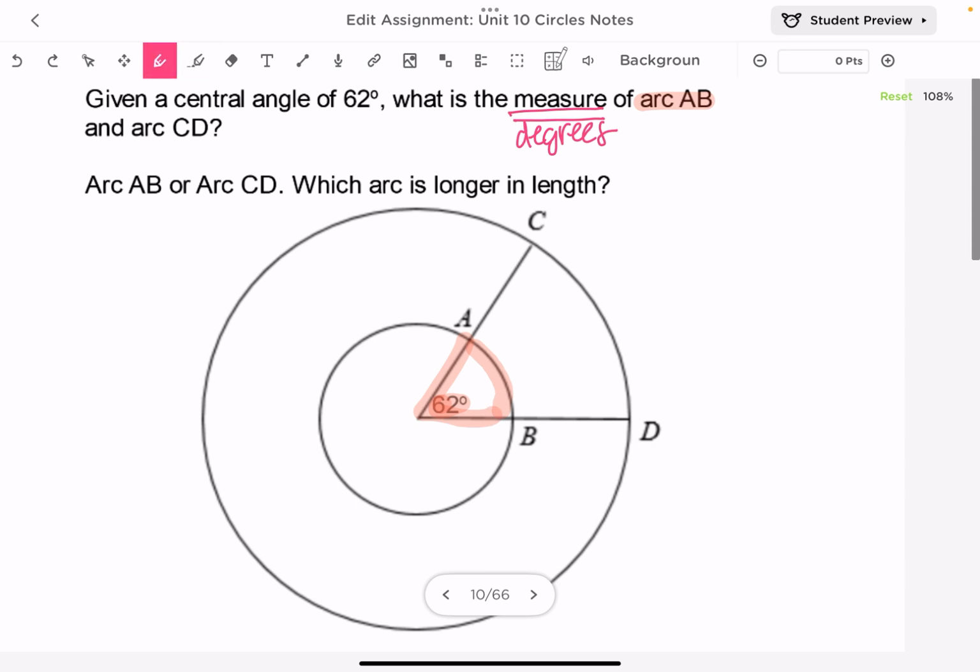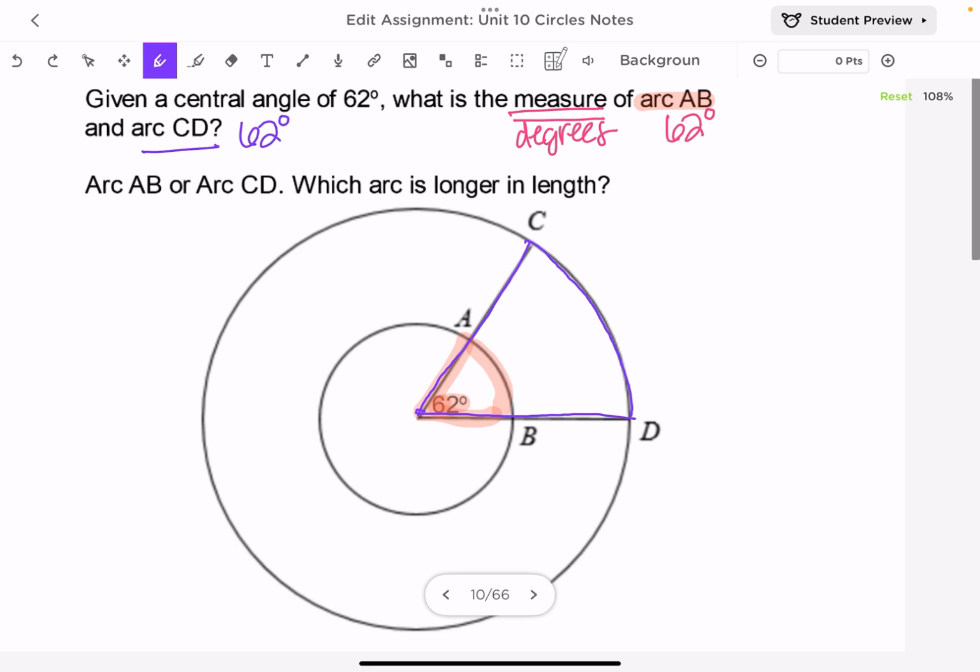So that means the angle is going to equal the arc. So the arc is also 62 degrees. And then I look at arc CD. Well, I still have that angle of 62. That's still a central angle, and it's opening up to CD. So that would also be 62 degrees.